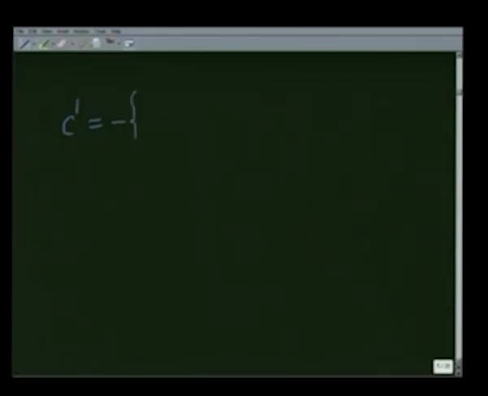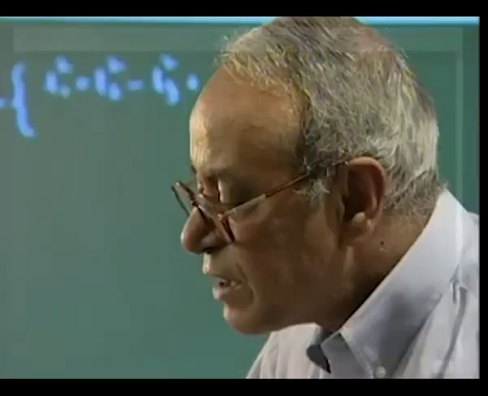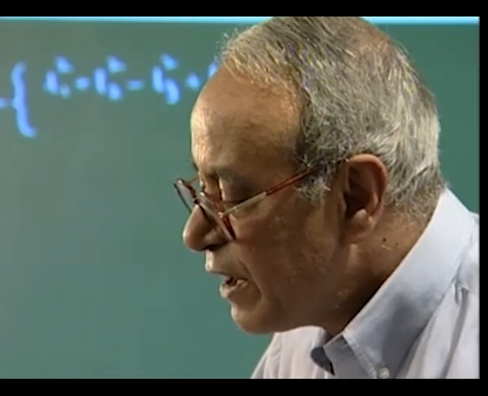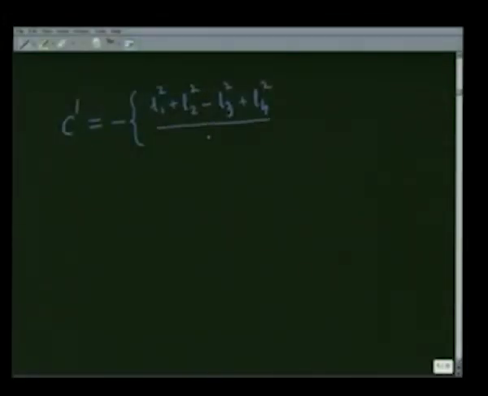That is, we will get C prime as L1 squared plus L2 squared minus L3 squared plus L4 squared divided by twice L2 L3 plus L1 by L4 cosine theta 2.